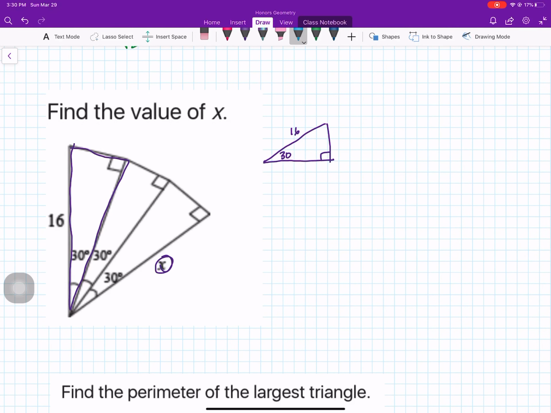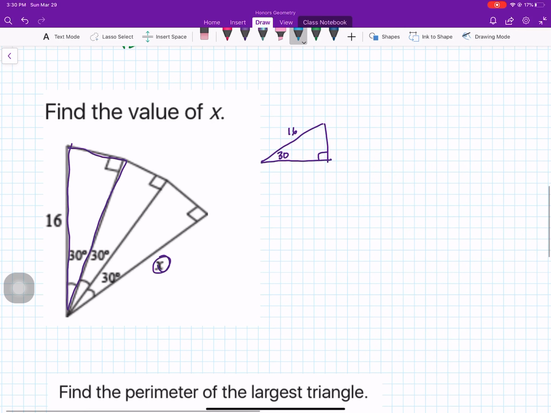So right away, that's a 30, 60, 90 triangle. And I'll go ahead and draw this 30, 60, 90 triangle over here. The basic one: 30, 1, 60, root 3, and 2. Now, I don't really need to find both sides of this triangle. I really only need this side.